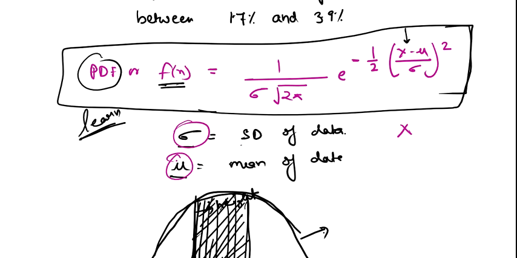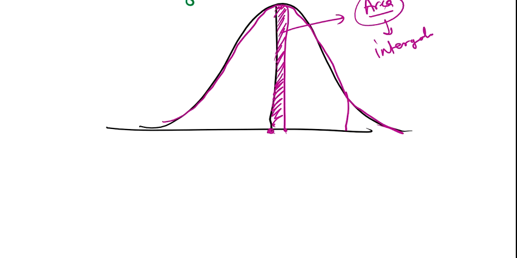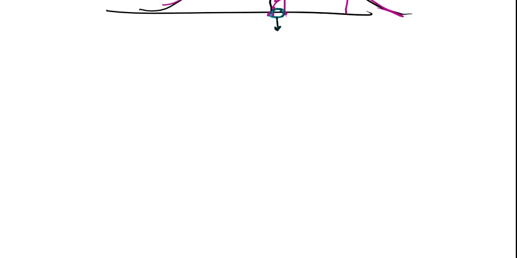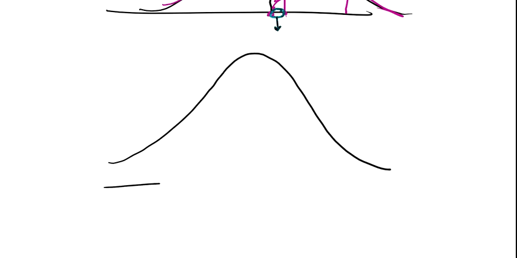Clear? Now if we want to calculate the probability for this area, we can do one more thing. If you remember our CDF, that is the cumulative probability distribution. So what does CDF always calculate? It always calculates values less than.